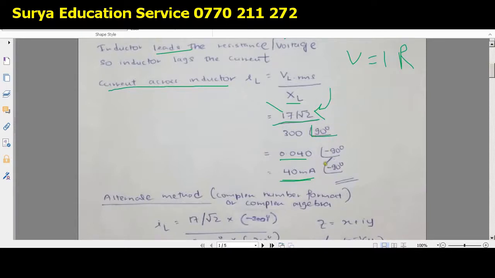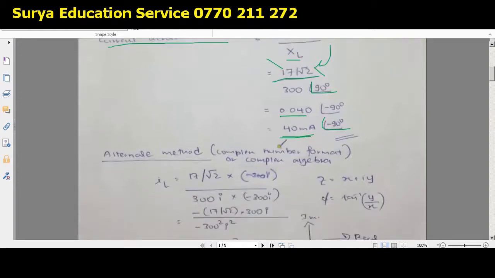So that means this will become minus 90 degrees. Okay, because I told you inductors lead in resistance. If they lead in resistance, that means they lag in the current. So see, this inductor lags the current by minus 90 degrees.